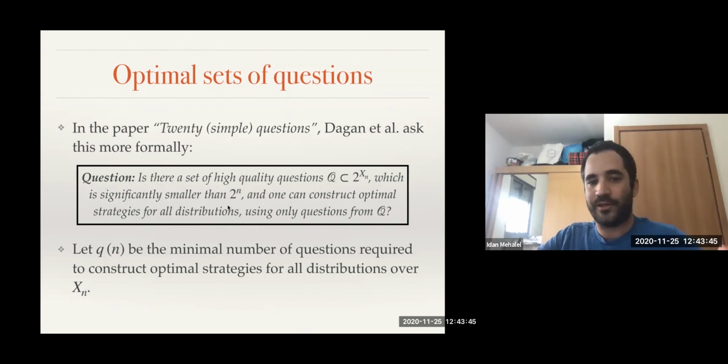I'm not really aware of a formal one, but I think it's just interesting to understand if it's necessary to, let's say in some situation, bring a bag of all the questions you might use when you meet Alice at the playground, and she tells you, listen, you have to bring a bag with all the questions you might use, and you don't know what distribution I'm going to throw on you.